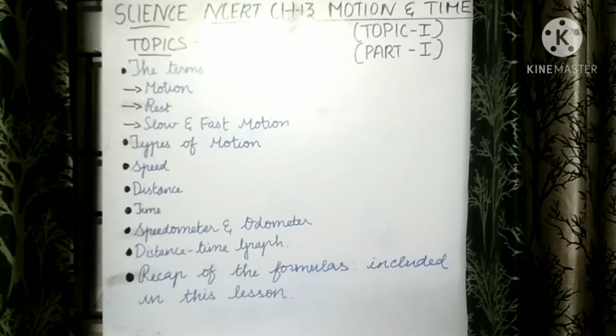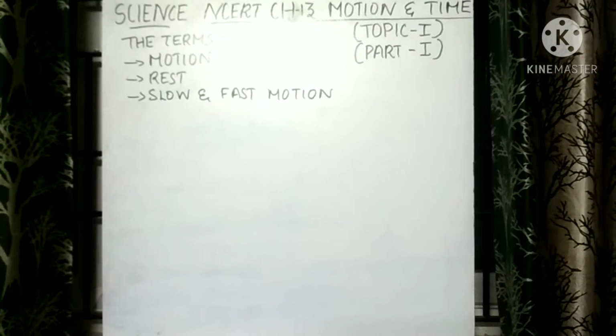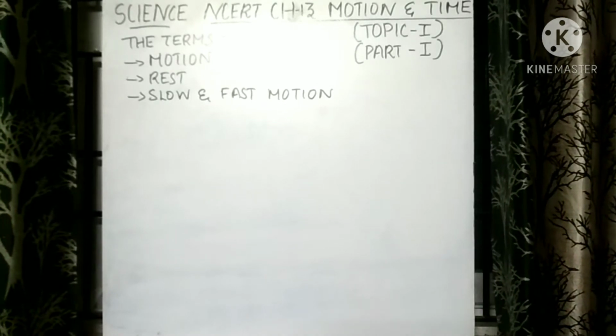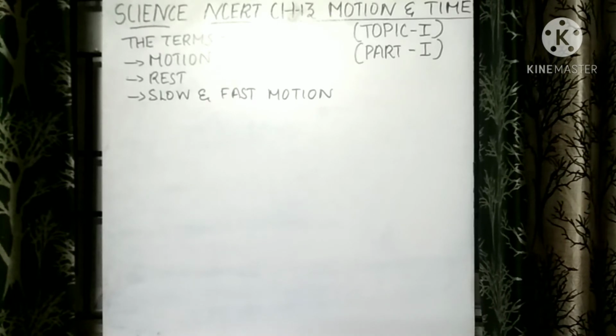In this video, we will be learning about the first topic of this chapter. Come, let's start learning. The first topic of this chapter is the terms motion, rest, slow and fast motion.